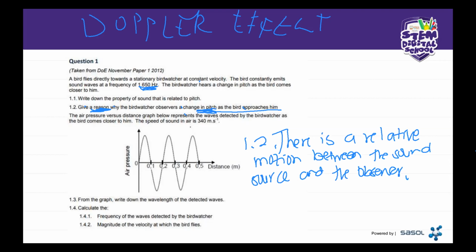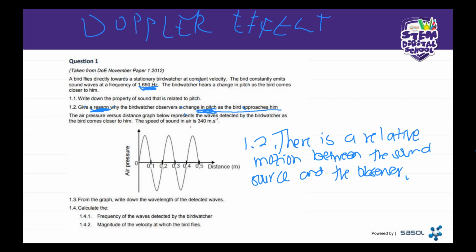So that's the reason why the bird watcher observes a change in pitch, because there's a relative motion between the sound source and the observer. But if they were both stationary, there wouldn't be any change in pitch. The frequency would stay the same, the velocities would stay at zero for both of them, and we wouldn't have a frequency of the listener, because the frequency of the listener relies on the observer being in motion relative to the source, or vice versa, the source being in motion relative to the listener, or they can both be in motion.